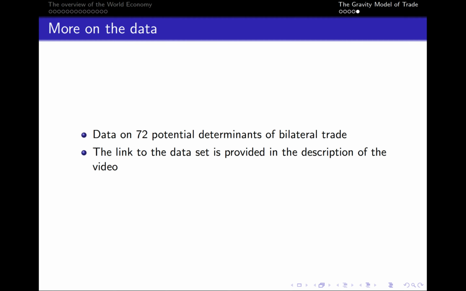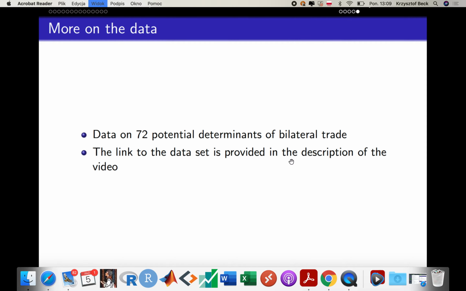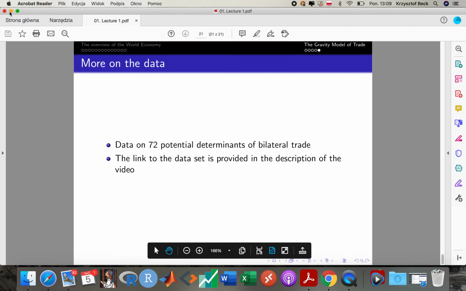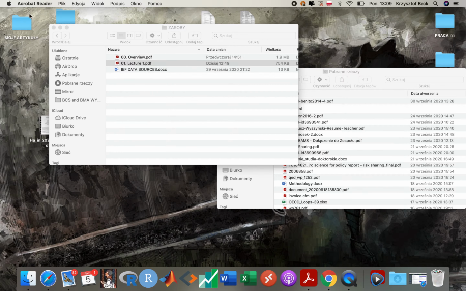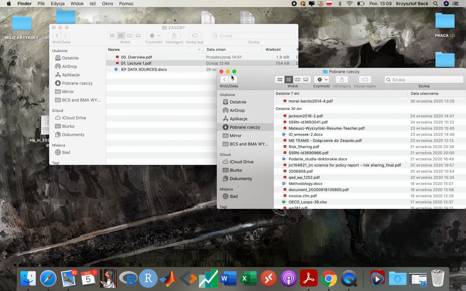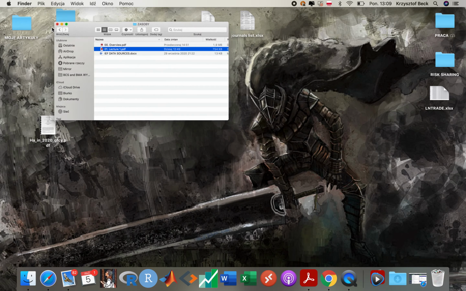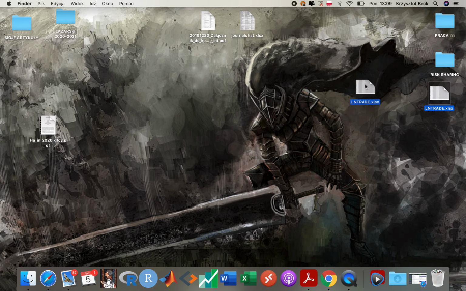Okay, so having this done, let's move to model estimation. The file I'm using is called lntrade. I'm going to show you first how to estimate the model in Eviews, because it's very easy.